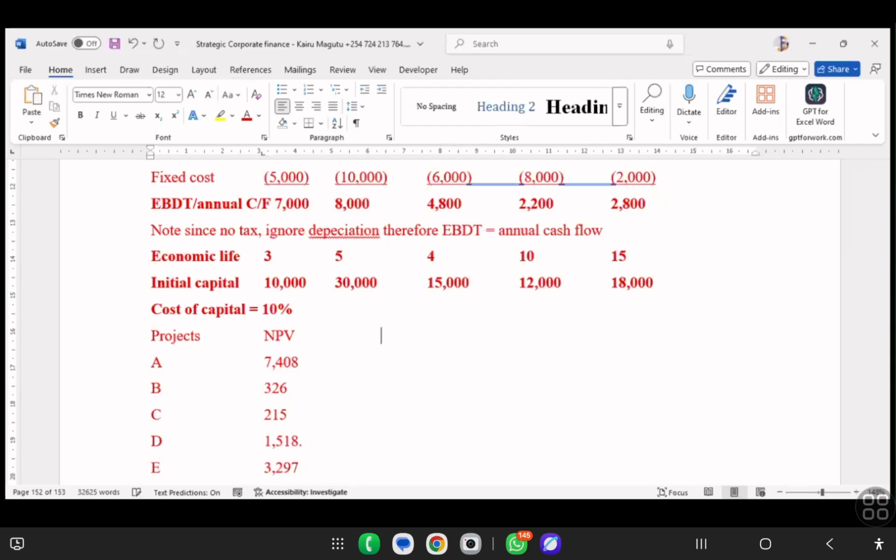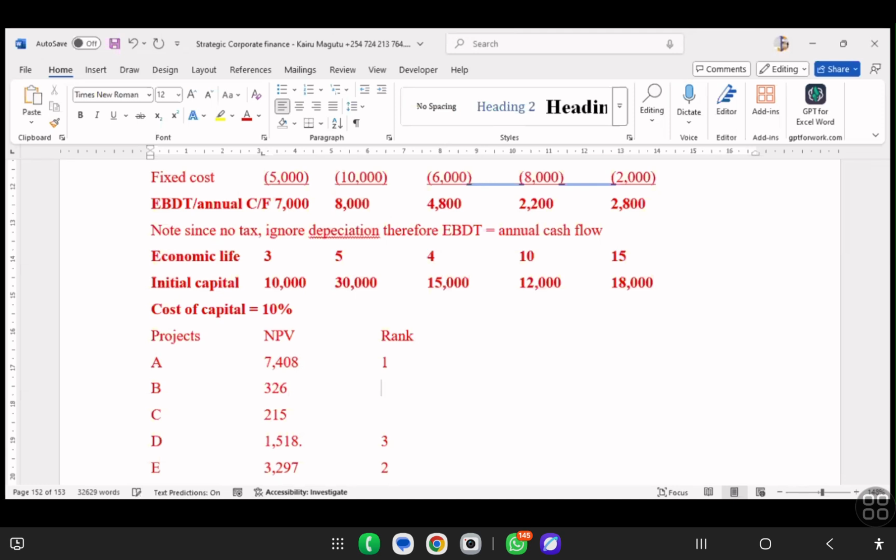Since this is a multi-period, we rank the projects. The best project should be A; we call it number 1. The next project E is number 2. The next project D we give number 3.